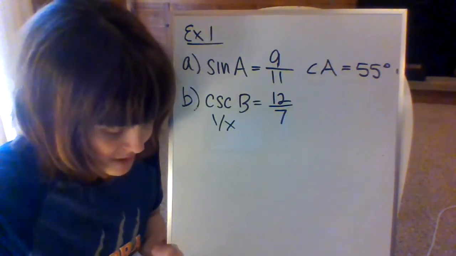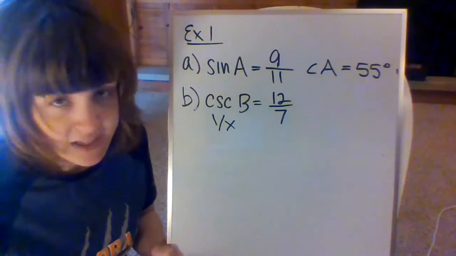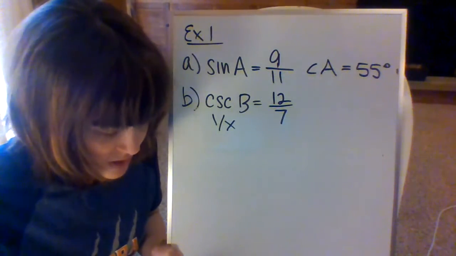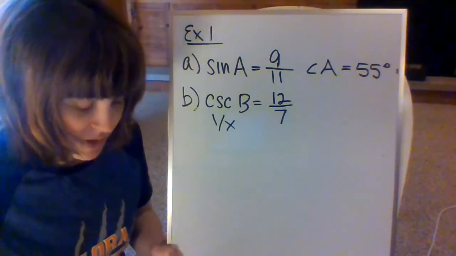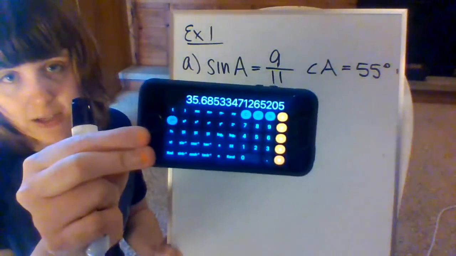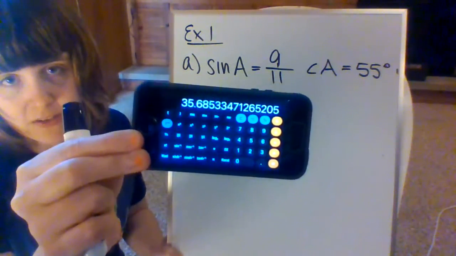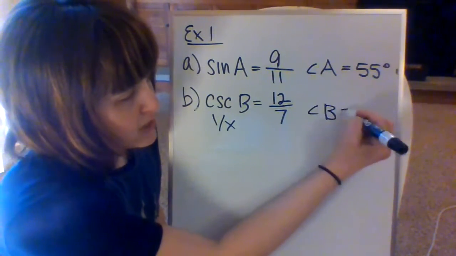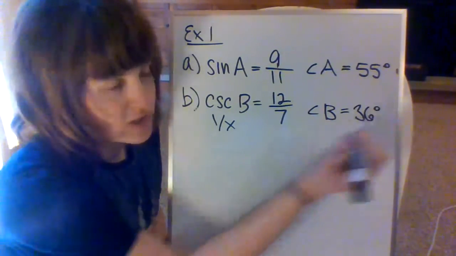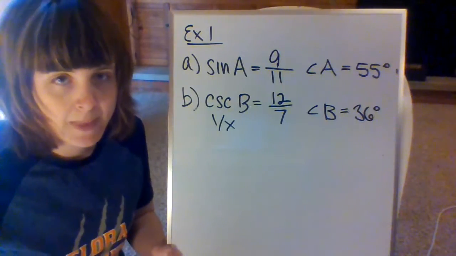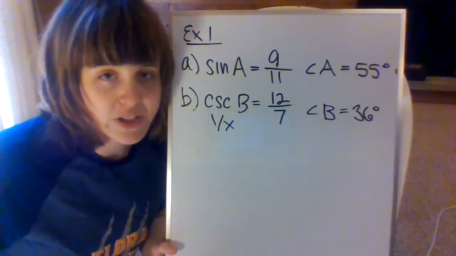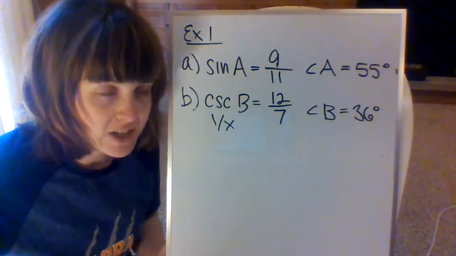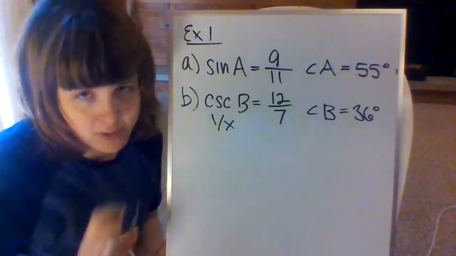So 1 over x, and then sine inverse. And if you round this to the nearest degree, that's going to be 36 degrees. So angle B equals 36 degrees. Okay, so those are the first two. Those were fractions, 9 over 11 and 12 over 7.